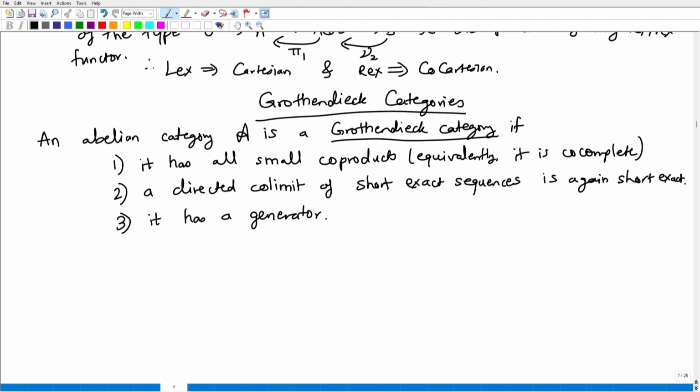So how do we do it? Let us recall it quickly. What is the meaning of a generator? It can distinguish between two parallel morphisms.